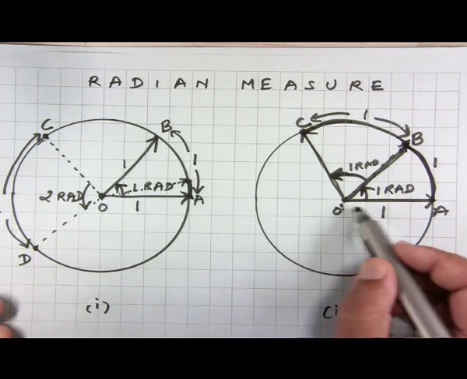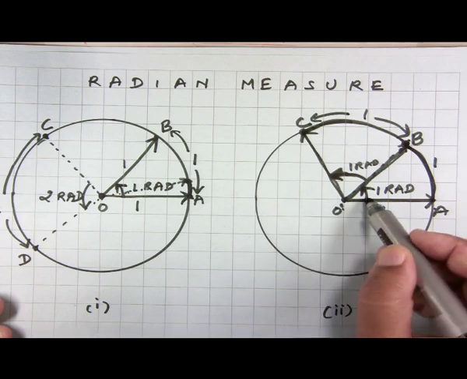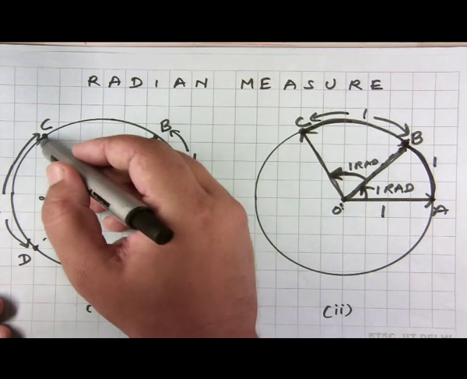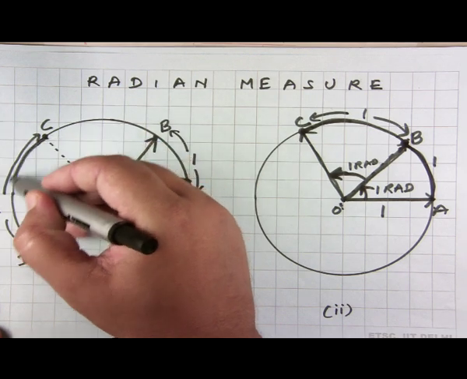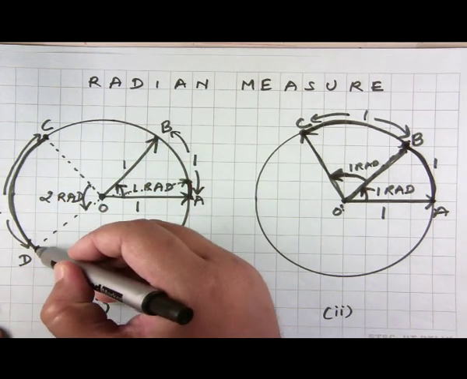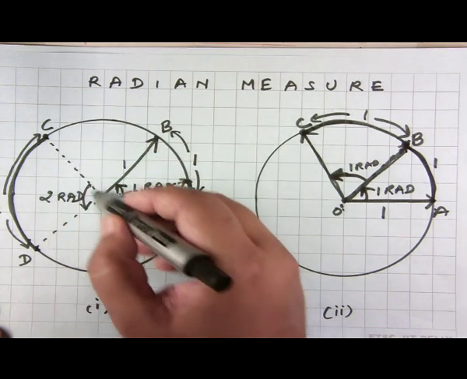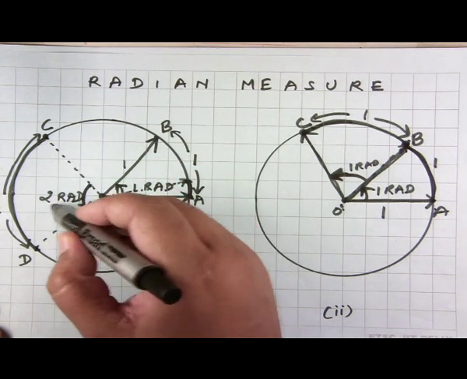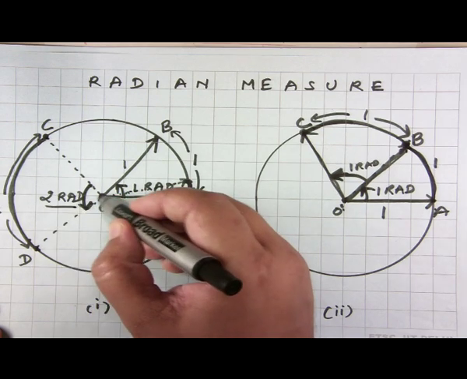And then we of course get the answer to the question where we were asking you to find the length of the arc which subtends an angle of 2 radians at the center of the circle.